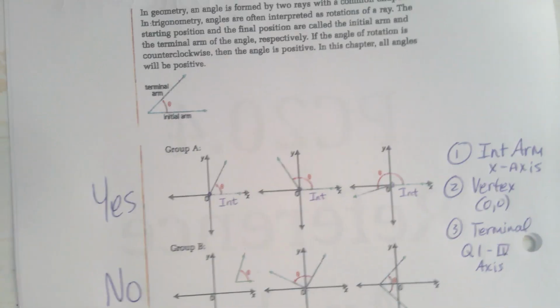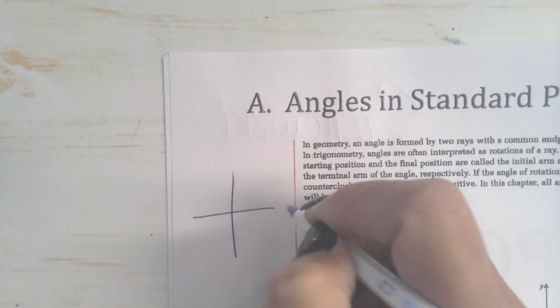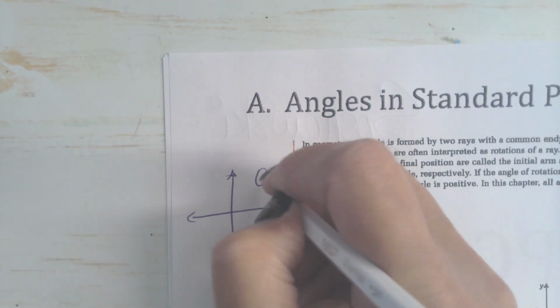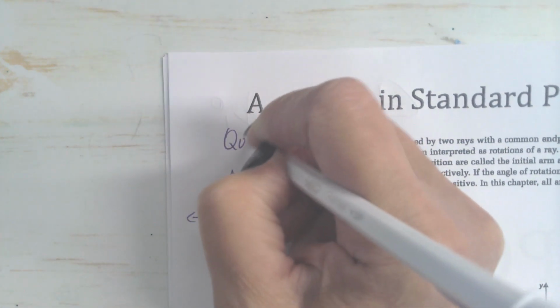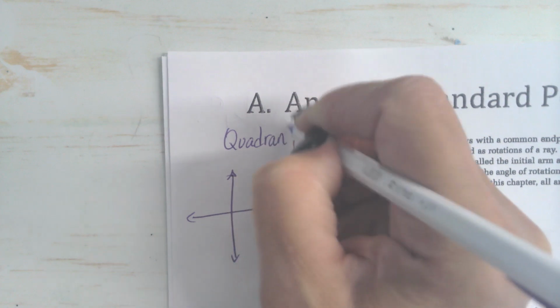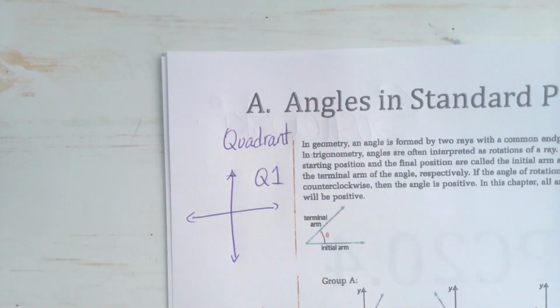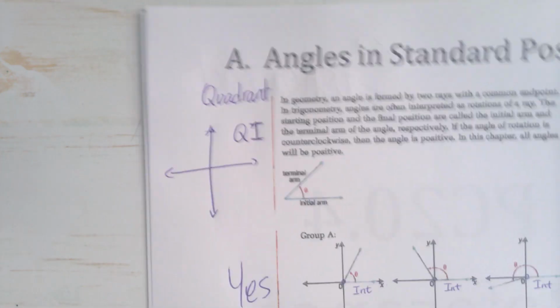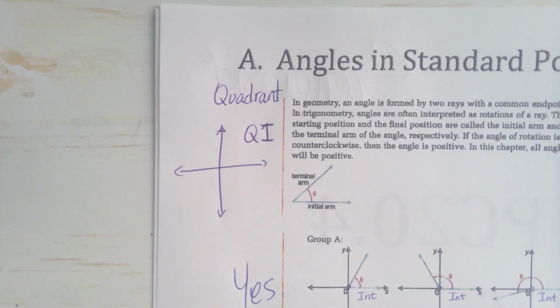So quadrants, remember, are labeled like this. Quadrant 1, I'll put the word up here, Q1, right there. Oh, and I should use Roman numerals. It is more official. The reason quadrant I is in the top corner is because anything in that quadrant is positive, positive.